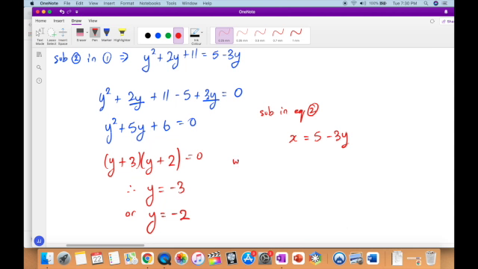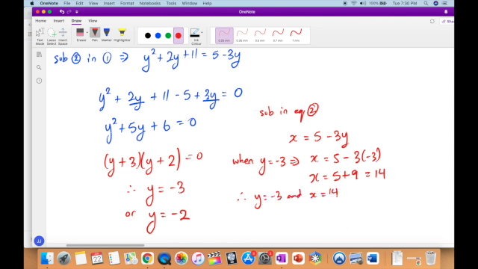So when y is negative 3 implies that x is 5 minus 3 into negative 3. X is 5 plus 3 3's are 9. 9 plus 5 is 14. Right? Therefore, y equals negative 3 and x equals 14.